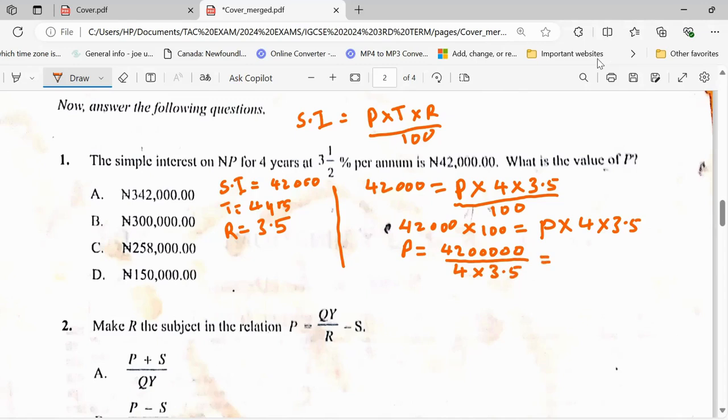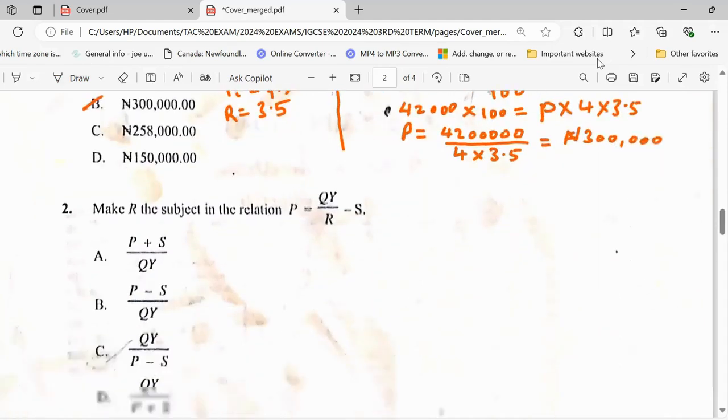If you divide both sides by that, what is it going to give to us? It's going to give us 300,000 Naira, which is option B. So we mark that and we proceed to the next question.